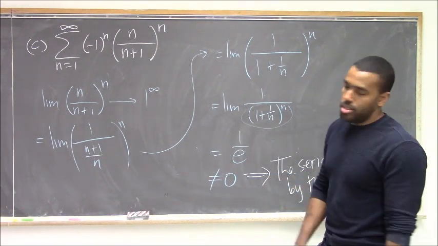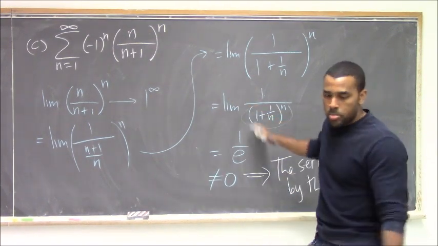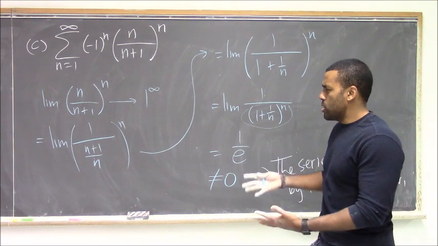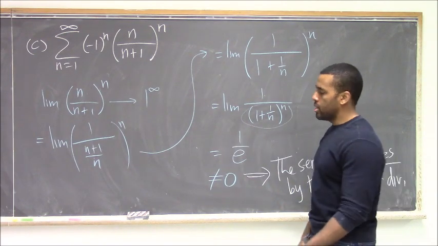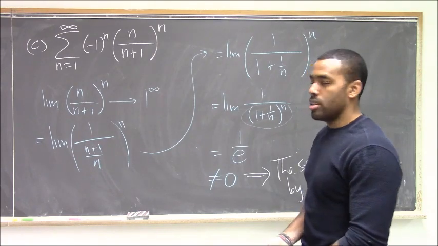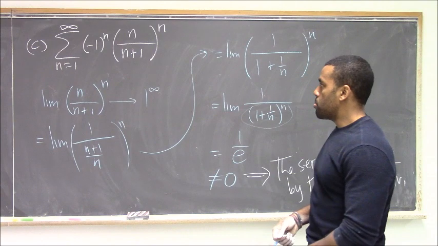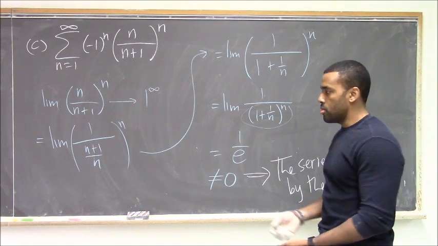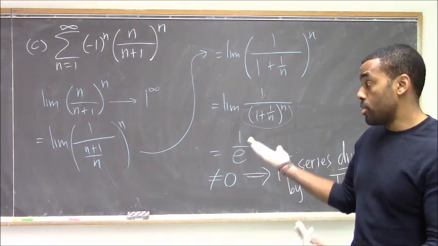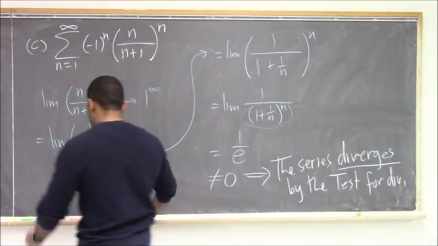If you're a Cal student who's practiced a bunch of problems, at some point you're going to see manipulations like this happen all the time, and you'll actually be able to see something like this. But the typical Cal 2 student with very little experience in working with limits probably wouldn't see that. Don't feel too bad if you didn't see this, but it was one thing that you could have done. Let's do it a more traditional way.